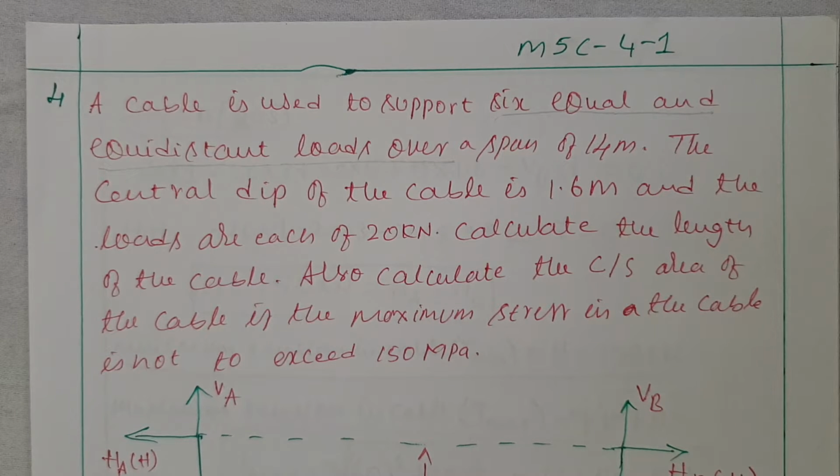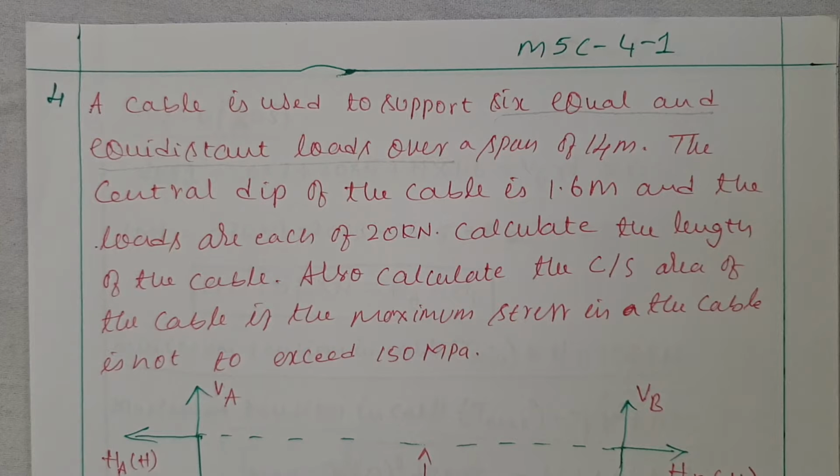The central dip of the cable is 1.6 meters and the loads are each of 20 kilonewtons. Calculate the length of the cable. Also calculate the cross-sectional area of the cable if the maximum stress in the cable is not to exceed 150 MPa.